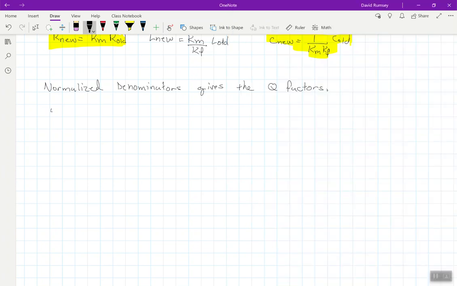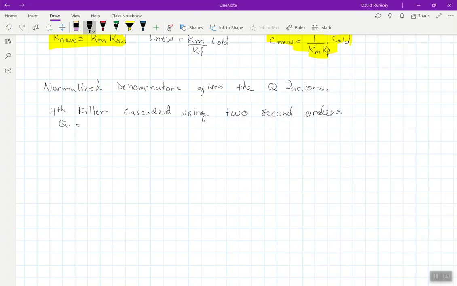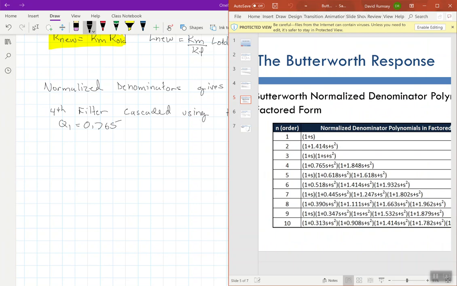So for a fourth order filter cascaded using 2 second orders, we want one of the Qs to be 0.765, and we want the other Q to be 1.848.